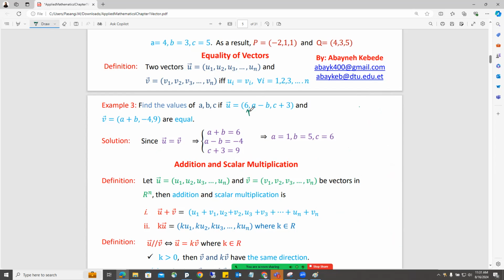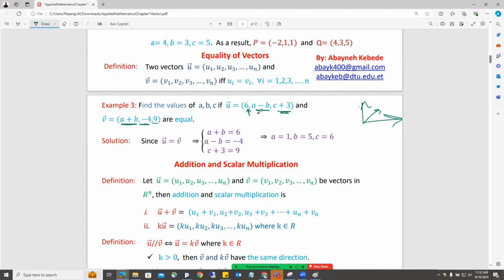So here 6 equals A plus B. The second space one, A minus B, equals minus 4. And the third space one, C plus 3, should equal 9. If these two are equal, respectively the i, j and z components, here we have the 3D one, so all these three should respectively be equal.